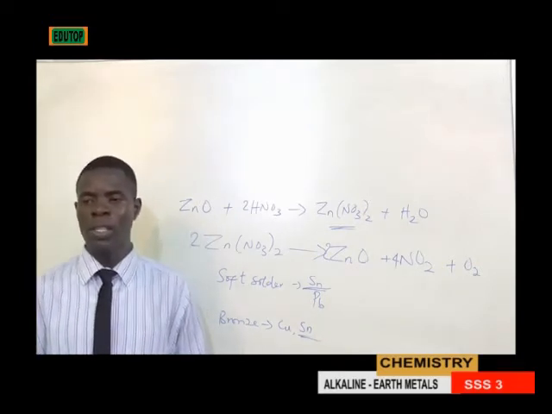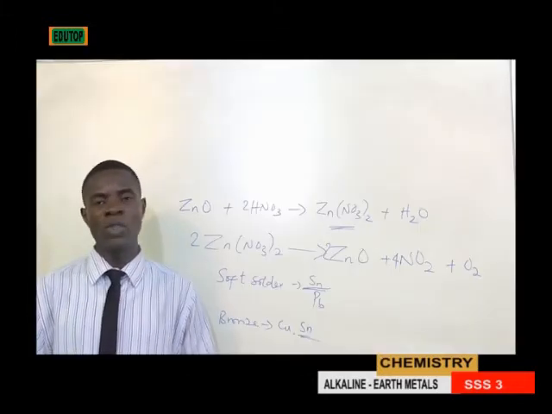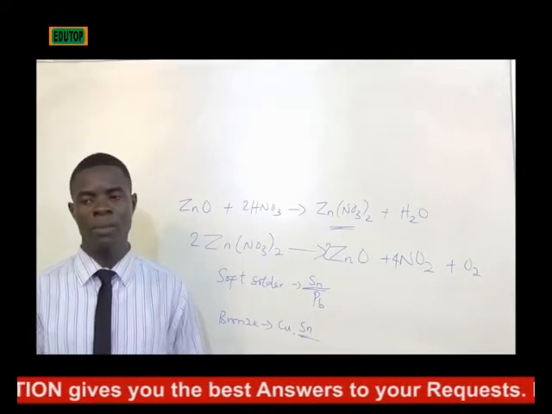Alloys are used in preference to pure metals simply because the addition of other elements gives them a better quality compared to pure metals. That is why they are used in preference to pure metals.